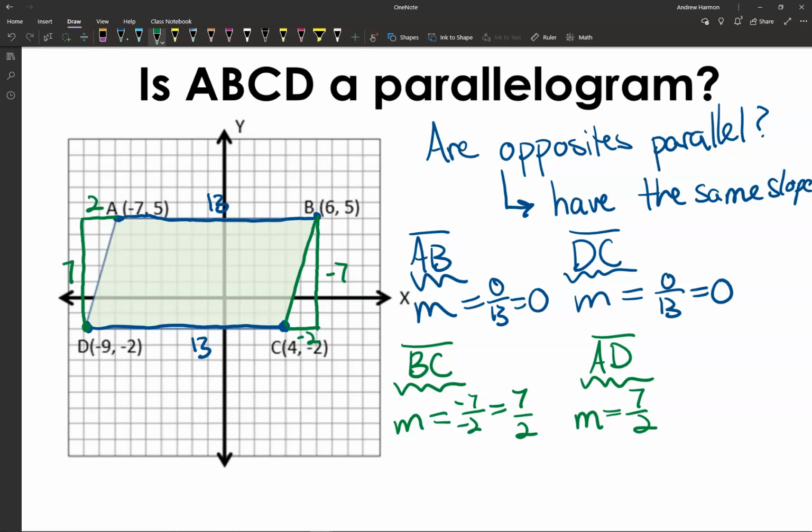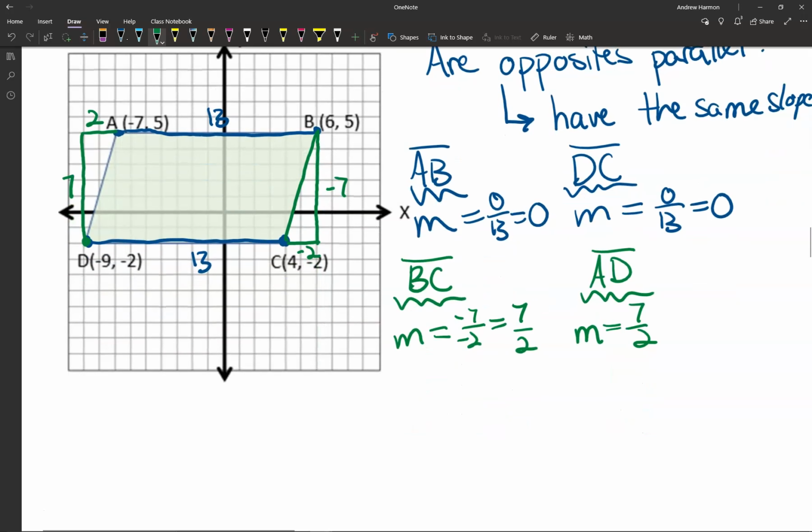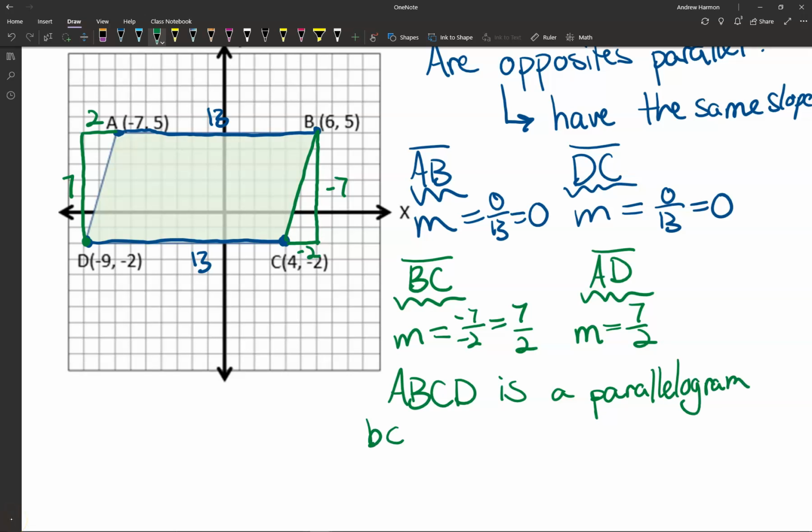Now, BC and AD have the same slope, so they're parallel, and AB and DC have the same slope at 0, so that means they're parallel. So, ABCD is a parallelogram because opposite sides have the same slope, which means they're parallel.